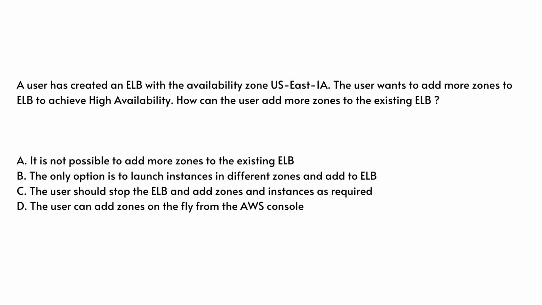Option B. The only option is to launch instances in different zones and add to ELB. Option C. The user should stop the ELB and add zones and instances as required. And option D, the user can add zones on the fly from the AWS console.